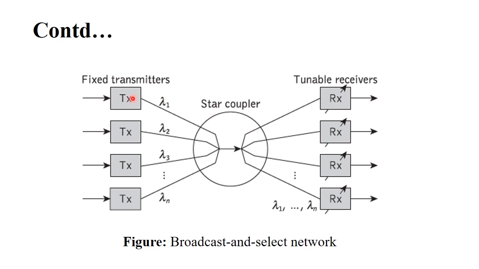For example, transmitter 1 may be concerned with receiver 1, so lambda 1 will be conveyed to receiver 1. Similarly, lambda 2 may be transferred to another particular receiver. This is called selective. Like that we perform the selection of those wavelengths. That's why we call this type of representation a broadcast and select network.